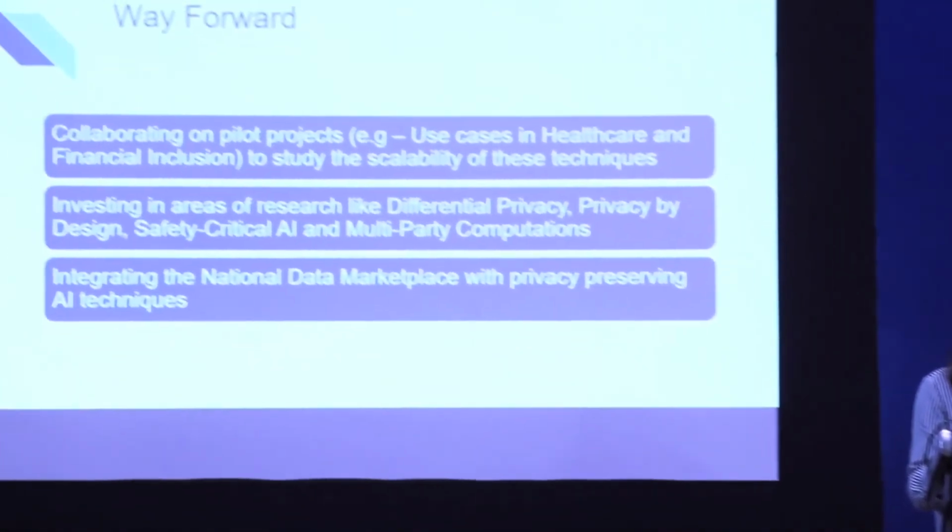Going forward, if we can prove the scalability, it would be of value for us to embed this in our national infrastructure. The way forward would be collaborating on pilot projects, for example, use cases and applications in healthcare and financial inclusion, to study the scalability of these techniques.